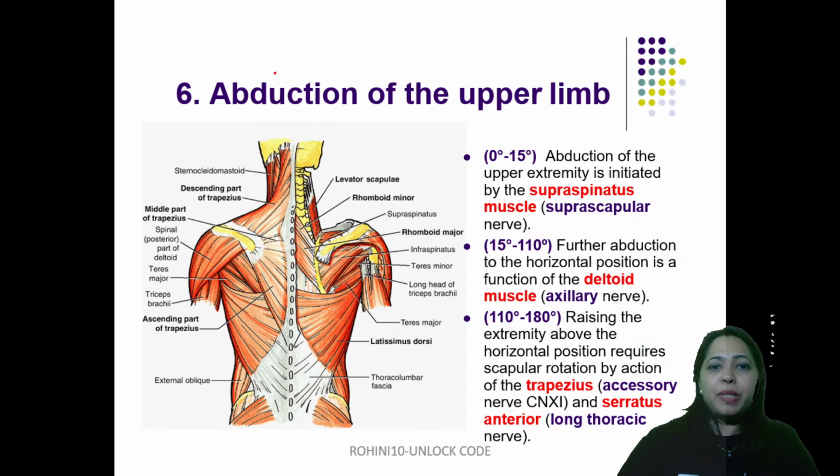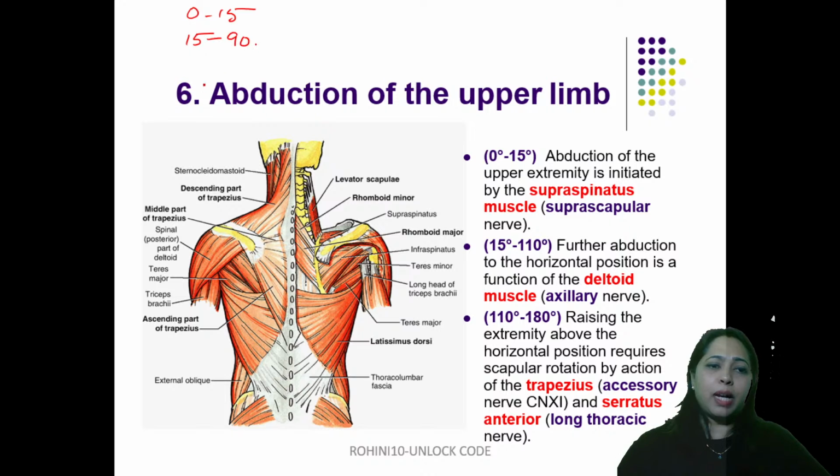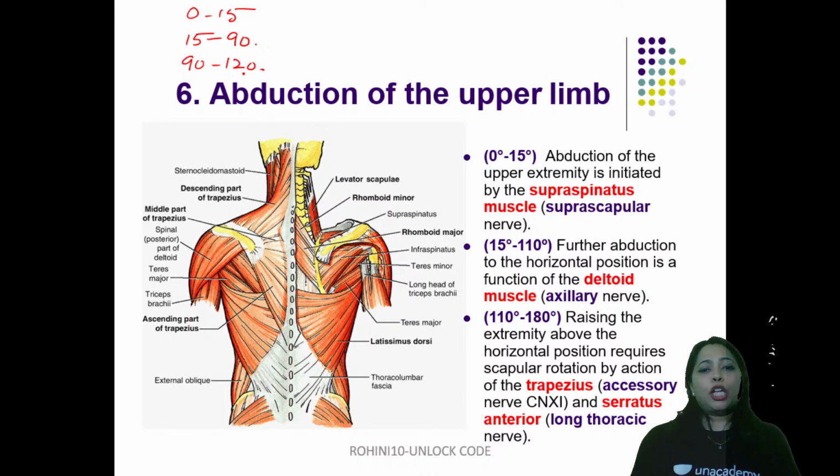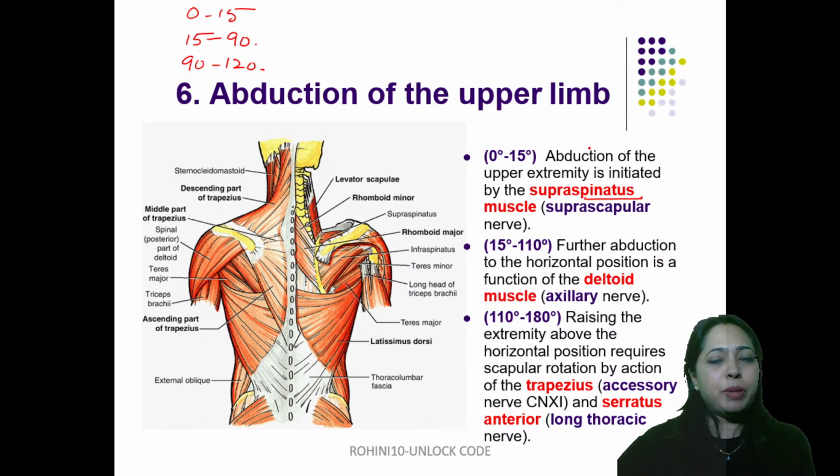Next one, abduction of the shoulder joint. Now in the upper limb, you have 0 to 15, you have 15 to 90, and you have 90 to 120. So here you have to remember the supraspinatus muscle does the initial abduction. If someone is not able to do initial abduction, that would be considered painful arc syndrome.